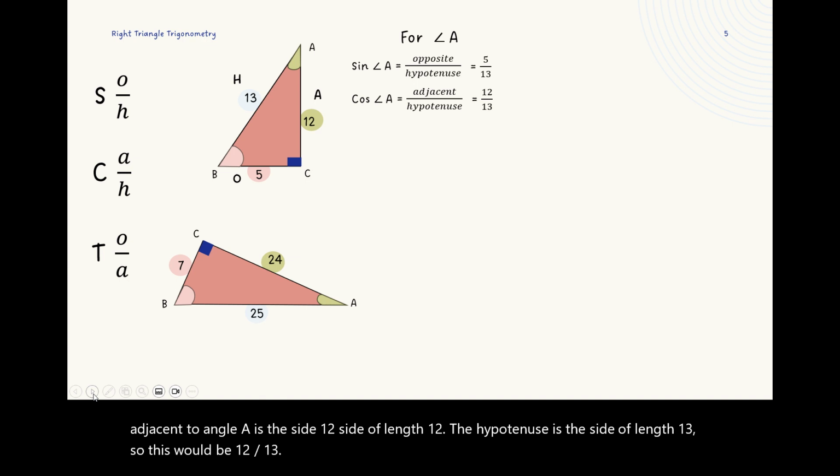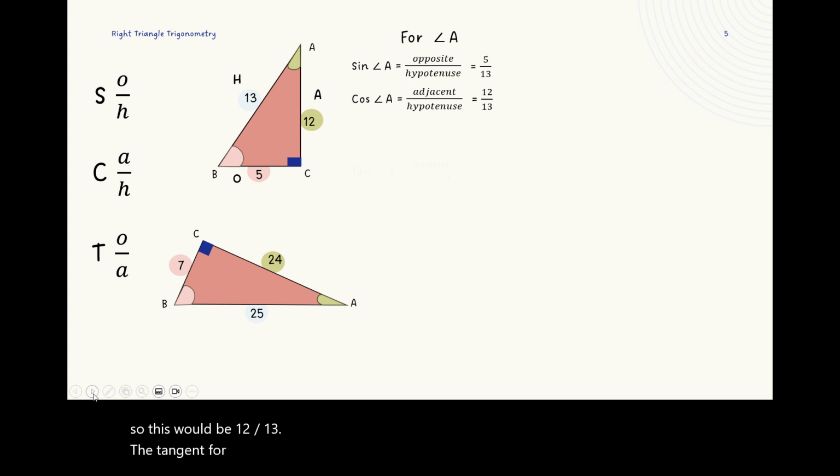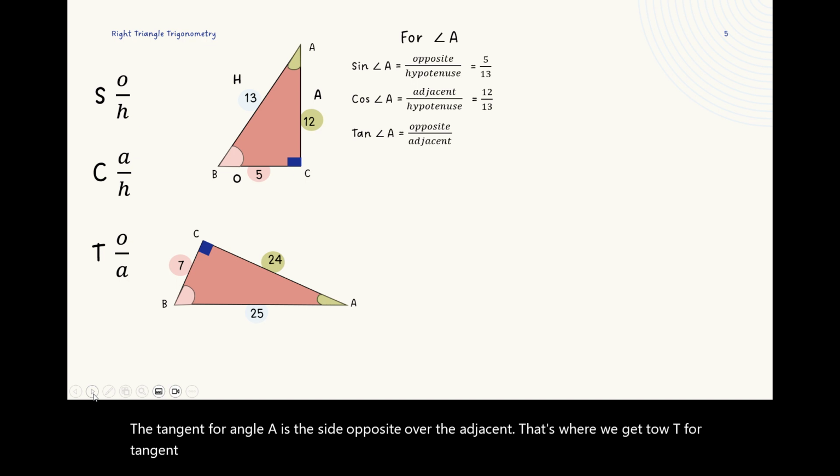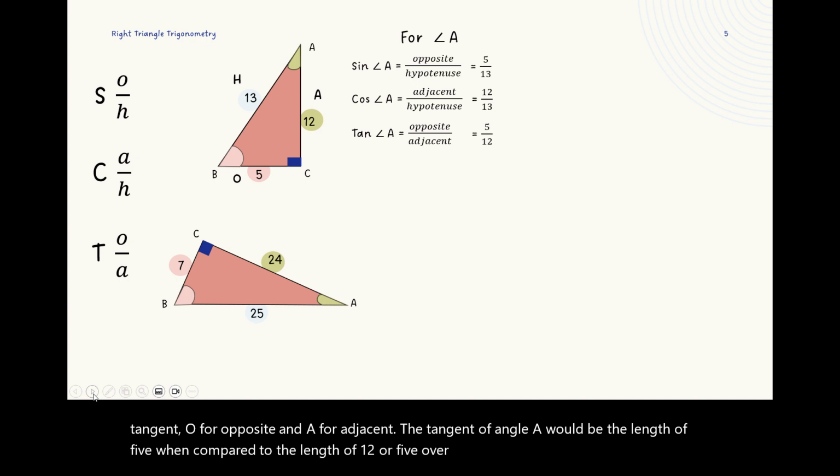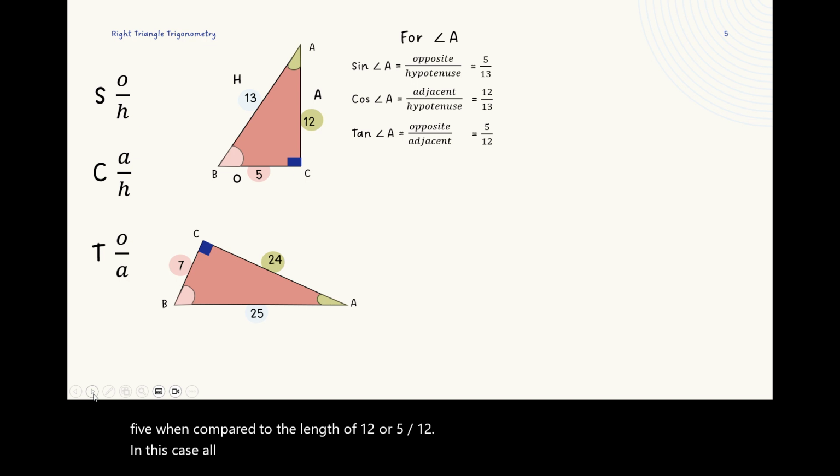The tangent for angle A is the side opposite over the adjacent. That's where we get TOA: T for tangent, O for opposite, and A for adjacent. The tangent of angle A would be the length of 5 when compared to the length of 12, or 5 over 12. In this case, all of these are written as fractions, but they could easily be converted to decimals.